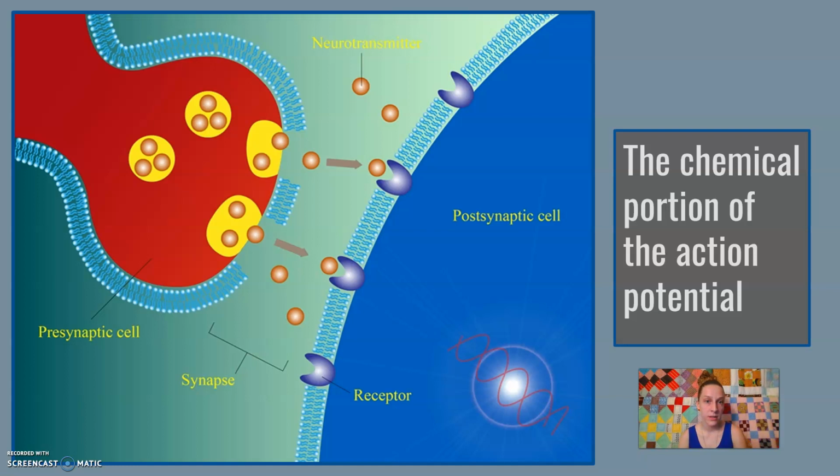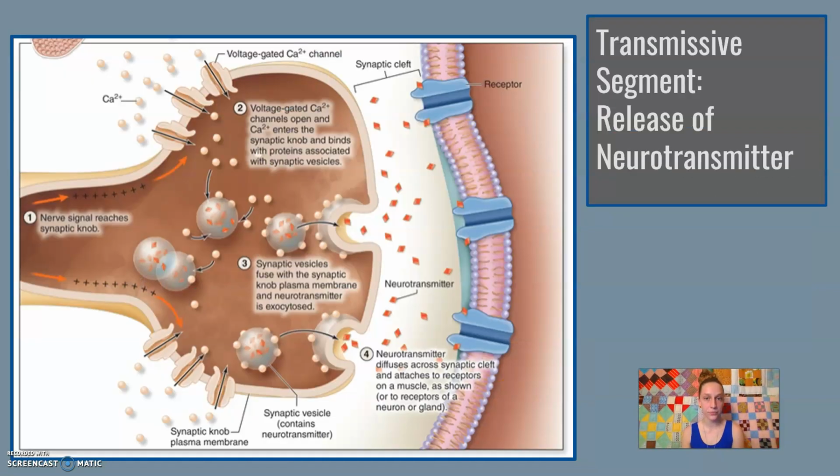And neurotransmitter is broken down within the synapse, or a process called reuptake on the presynaptic cell occurs to terminate the use of this neurotransmitter.